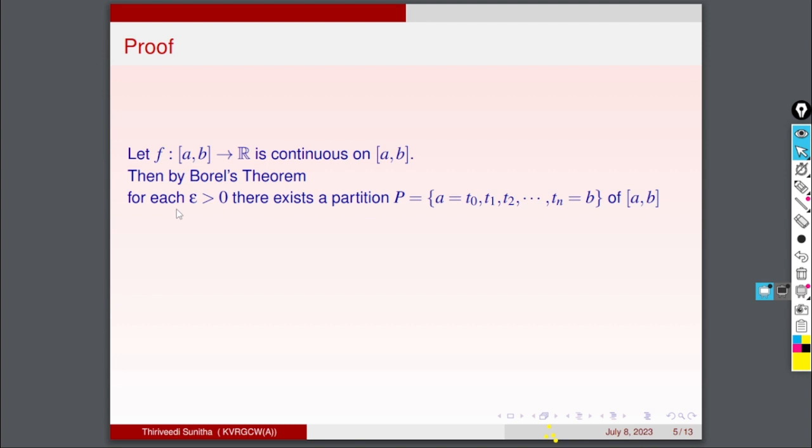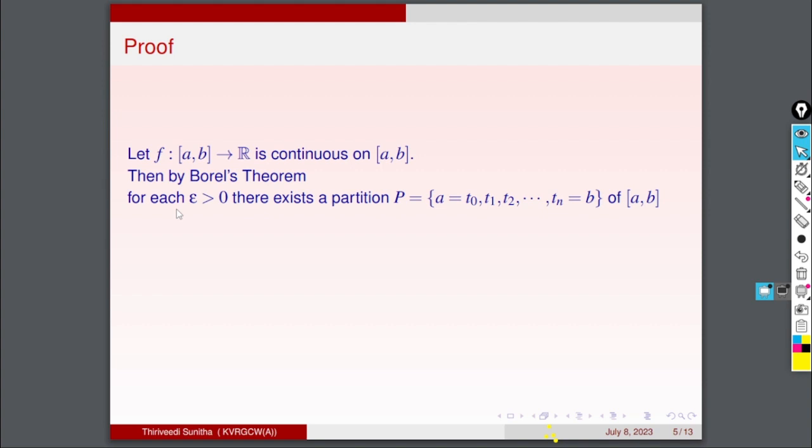By Borel's theorem, for each epsilon greater than 0, there exists a partition P. Earlier I took x0, x1, x2, and so on. Here I take t0, t1, t2, and so on, tn equal to b, of [a, b].